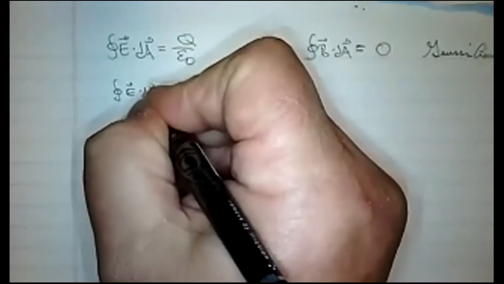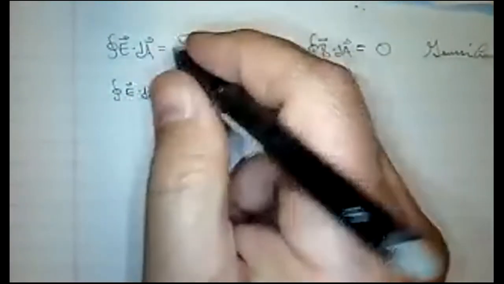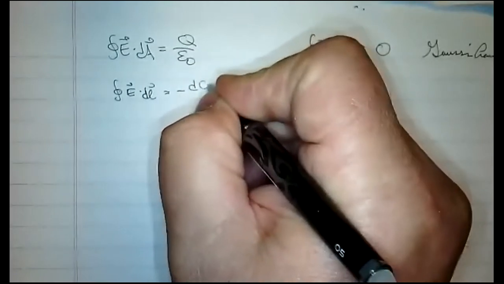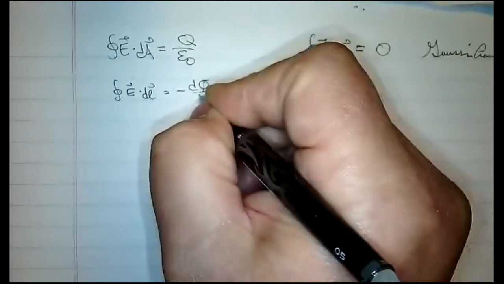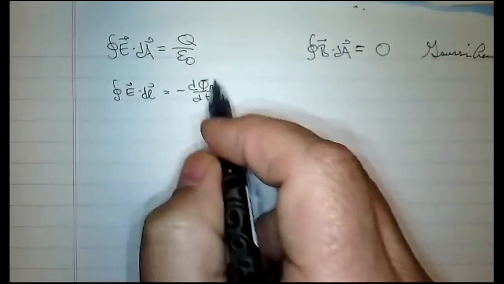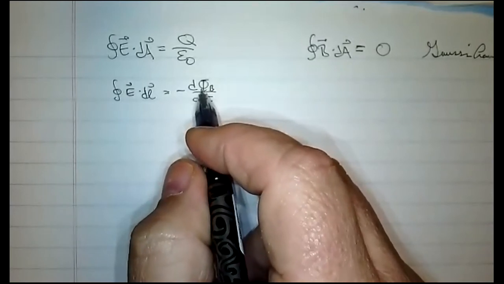is Faraday's law. And with Faraday's law, we have the closed integral of E dot dl. So this is the electric field around a loop, which is really what creates a current. That can be created by a changing magnetic field, according to d phi B over dt. And remember that's Lenz's law, which says basically a changing flux is going to create an EMF, and that's what this is.